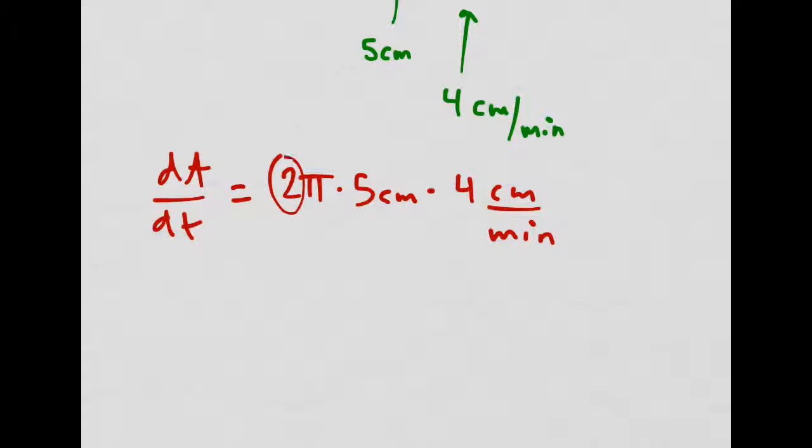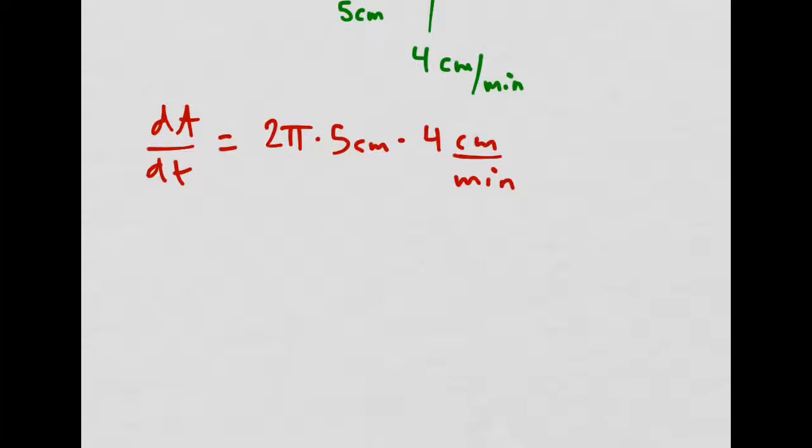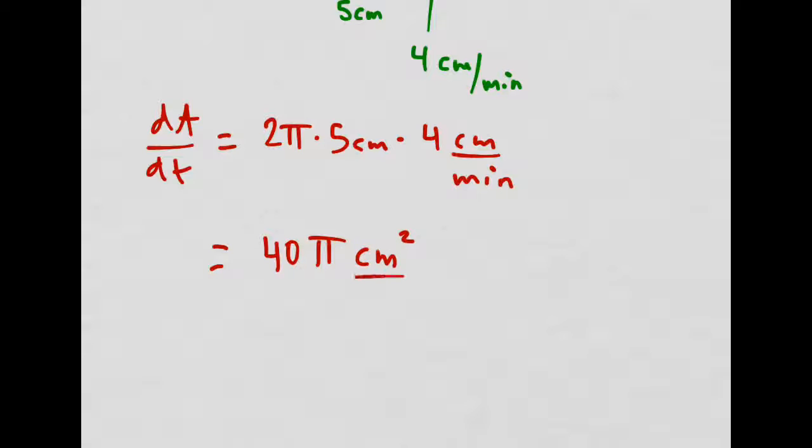So what do we get? 2 times 5 times 4. What is that? 1040? No, it's 40 pi centimeters squared per minute. Isn't that wonderful? That's how fast the area is changing. Oh, it's beautiful, guys.